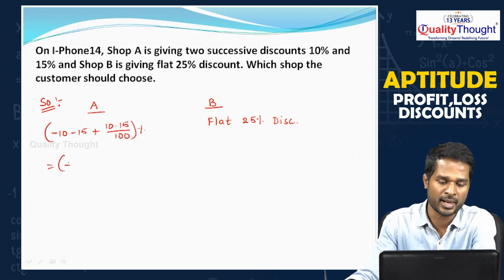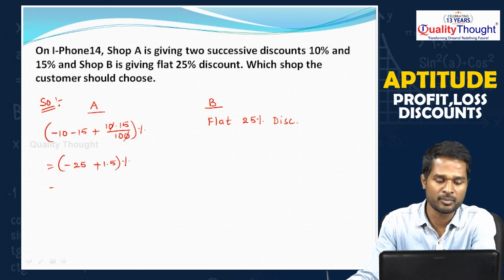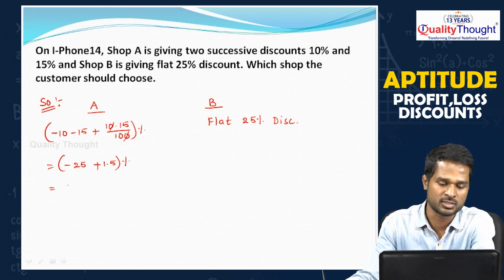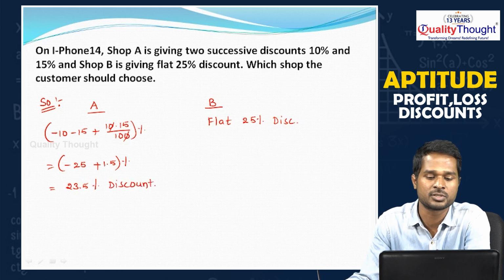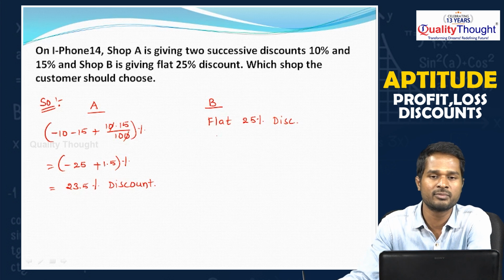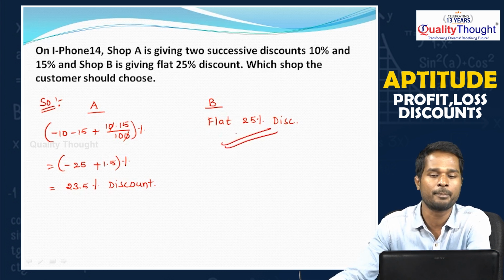So this is minus 25, the zero will cancel, 15 by 10 is 1.5 percent. So 25 minus 1.5 percent, he is giving 23.5 percent discount only. Shopkeeper A is giving 23.5 percent discount, but shopkeeper B is giving a flat 25 percent discount. So the customer should choose shop B.